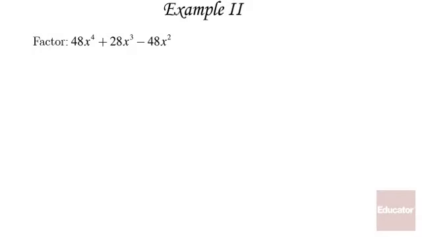Okay, in this example, I have a trinomial with a leading coefficient other than 1. So I am going to use my usual method where I'm going to rewrite it as a polynomial with 4 terms and then use grouping. However, the first thing I notice is that I have a greatest common factor that I can remove or factor out.